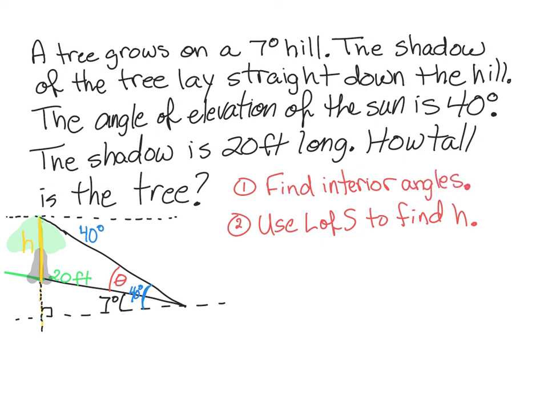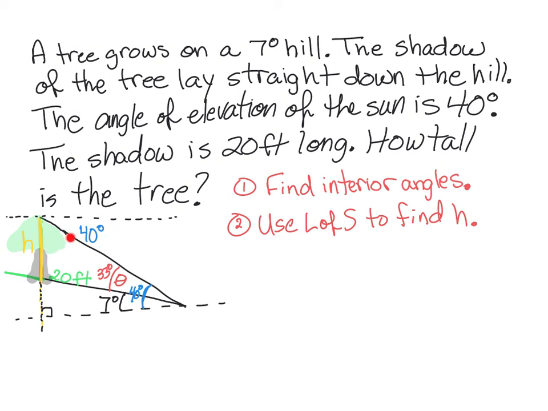Okay, now how are we going to find theta? Well, this bit is 7 and that whole thing is 40. That means that this is 40 minus 7, 33 degrees. This is 33 degrees. And this other interior angle, this is a vertical, this is a horizontal.